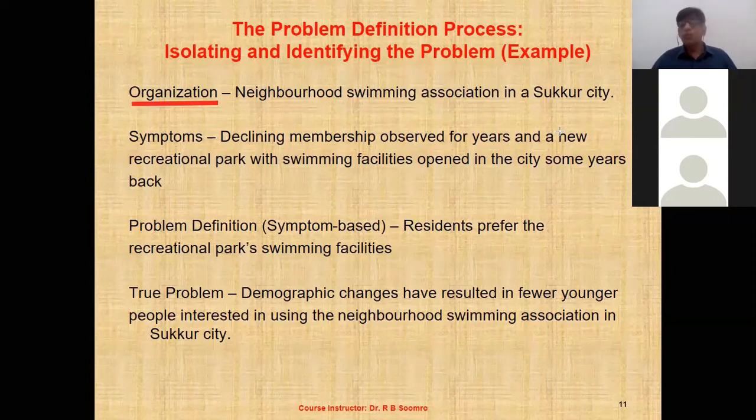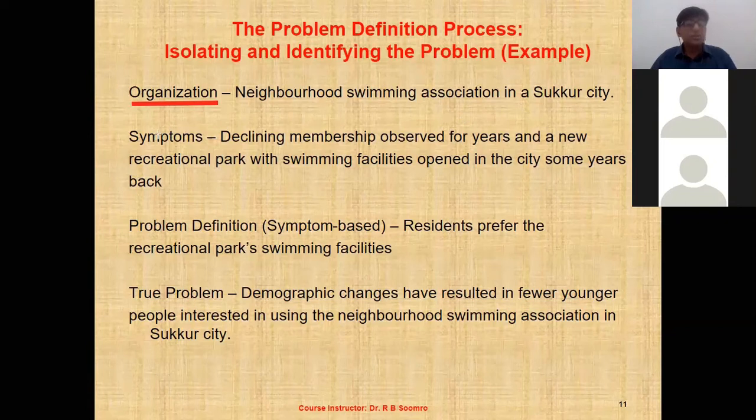Now you know how charming swimming is during the hot summer, when the average temperature remains above 40 degrees centigrade in Sakhar city. In this situation, swimming is a really charming thing to do, and most people want to have it. But the problem is with the neighboring swimming association in Sakhar city.